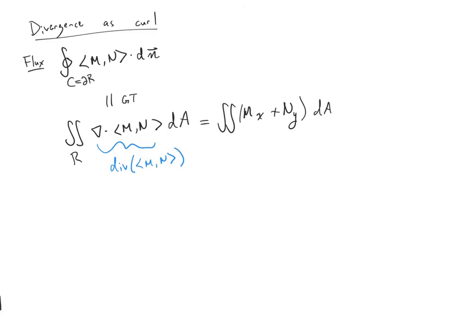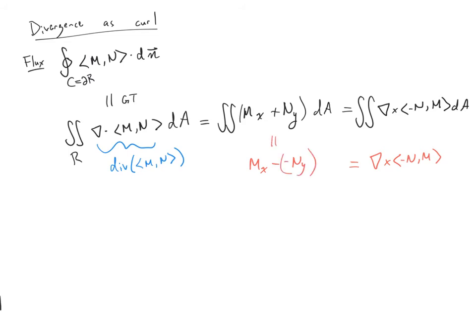And it just turns out that that's also the curl of a different vector field, the vector field minus n comma m. Right? So just to check, if you have the curl of minus n comma m, what that is you take mx minus minus ny, which is in fact mx plus ny.